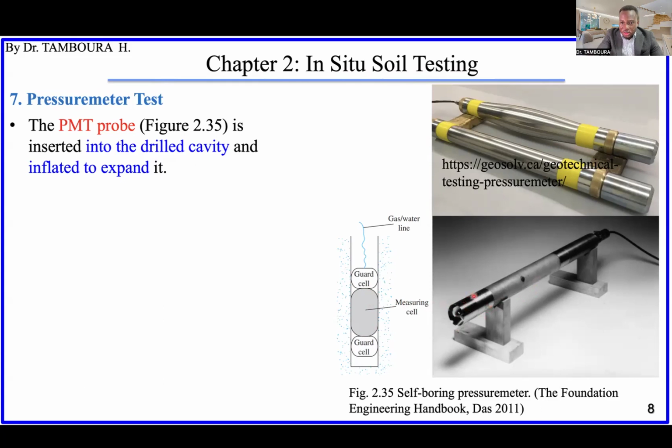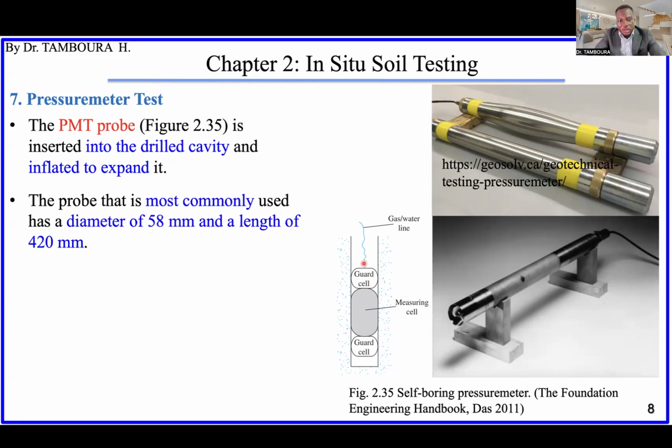So here, this part and this one are the guard cells. And this middle one is the measuring cell. This is how it works. These guard cells are just used to control the end conditions.